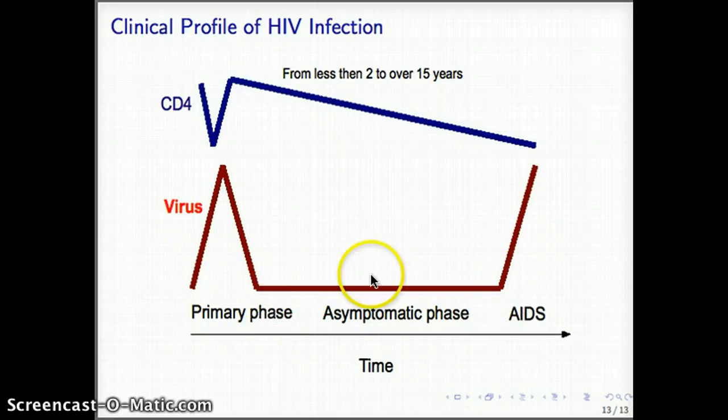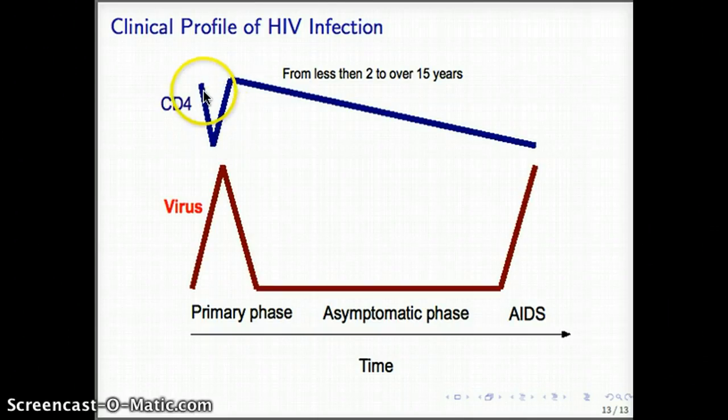This initial peak is within phase one, the primary phase. These other levels, flat and almost not detectable, are happening in the asymptomatic phase, and then in phase three, which is known as AIDS, the viral load goes on the rise. The counterpart would be the cells of the immune system that actively clear infection.